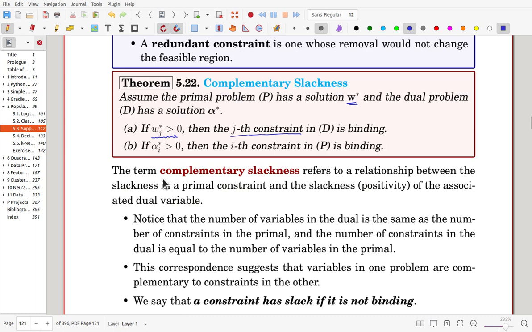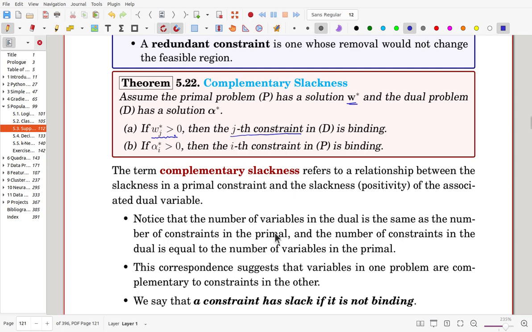So complementary slackness refers to a relationship between the slackness in the primal constraint and the associated dual variable. And you have to notice that the number of variables in the dual is the same as the number of constraints in the primal.